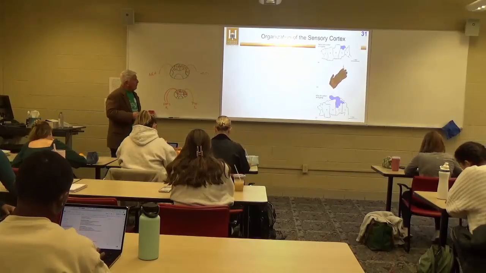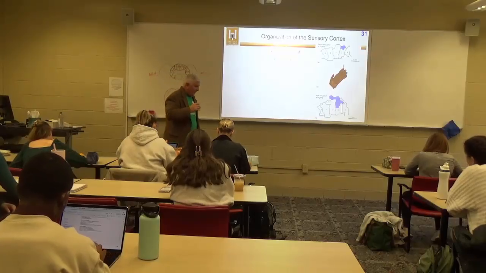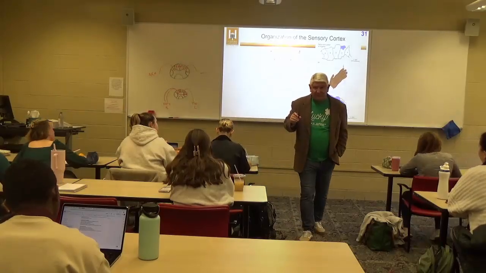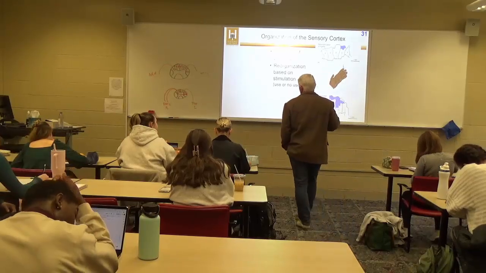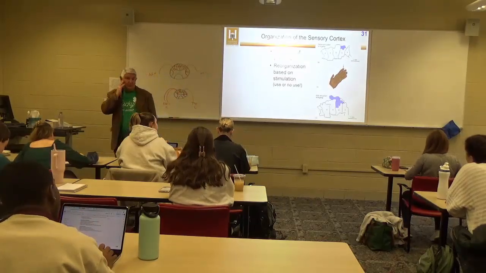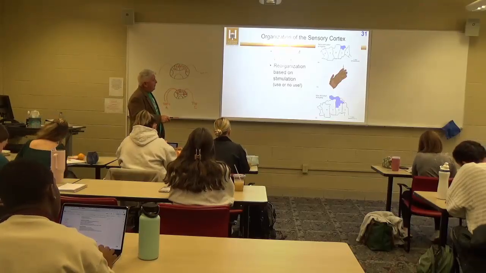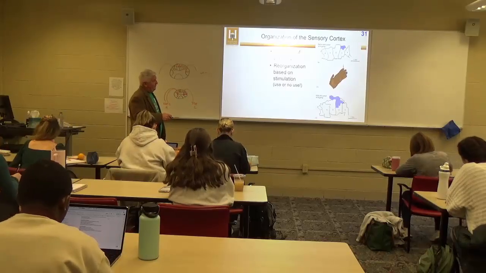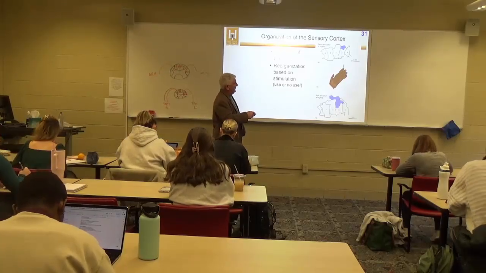All right. A little bit about the organization of the somatosensory cortex. There's a high level of plasticity, meaning it's able to change. And what drives that change is experience, stimulation, use or no use. So again, in primates, we can come in and map the somatosensory cortex and see that parts of the S1 respond to the first digit, second digit, third, fourth.